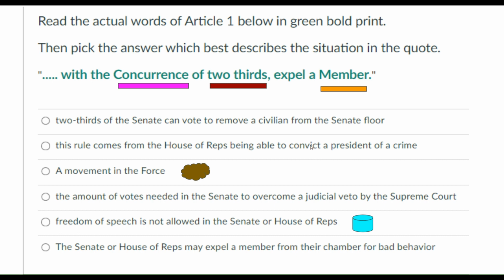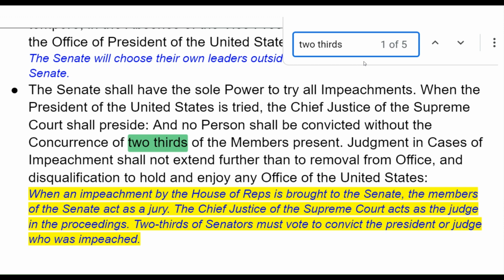Let's see. Right. Okay. So let's look up either concurrence, 2/3, or a member. And since this comes from the original language, let's look up the original language. So this is my Google Docs for Article 1.